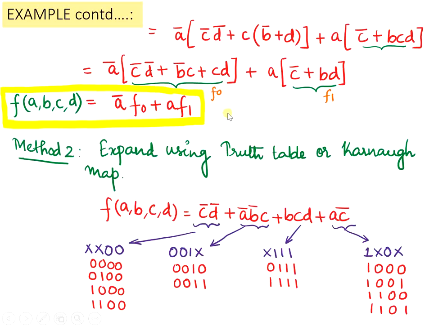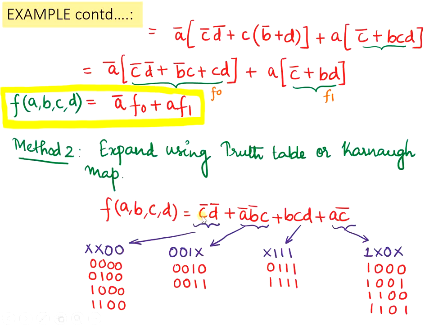The second method is to use a truth table or the Karnaugh map. So I am considering the SOP equation again, and I am trying to find all the possible minterms, because when I map them onto the Karnaugh map, I should know all the minterms which are present for that product term.